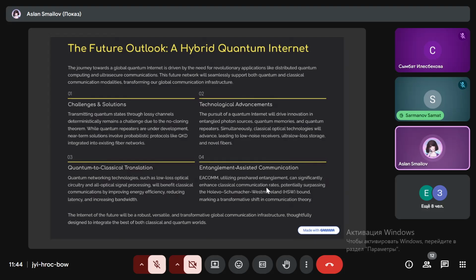So the quantum channel is used not to send data like text, video, or images, but to provide secure key exchange and quantum-level security.